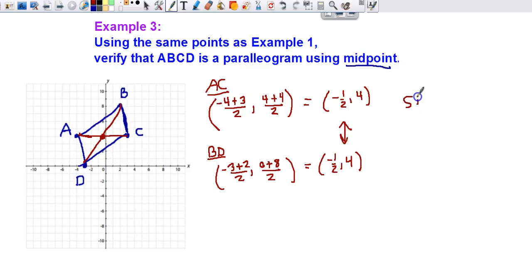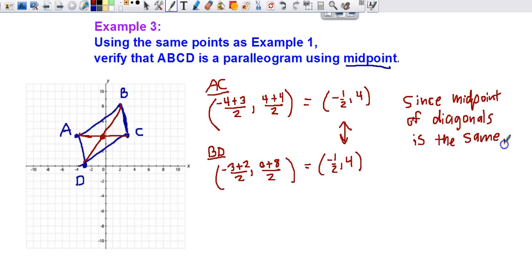So since the midpoint of the diagonals is the same, diagonals bisect each other. That has to be your reason for that.